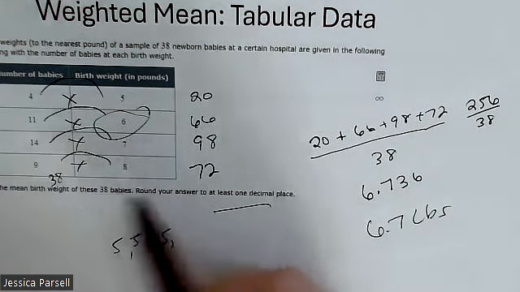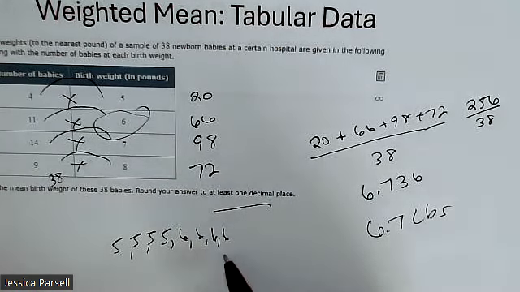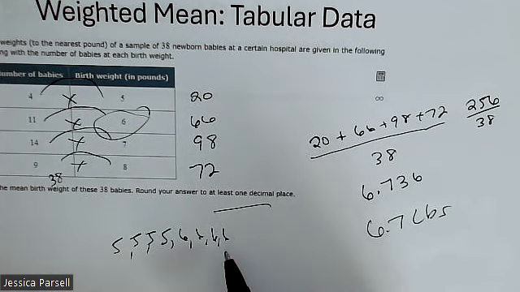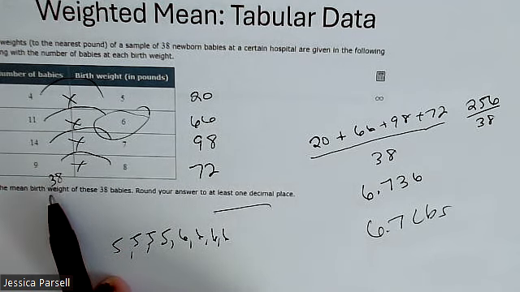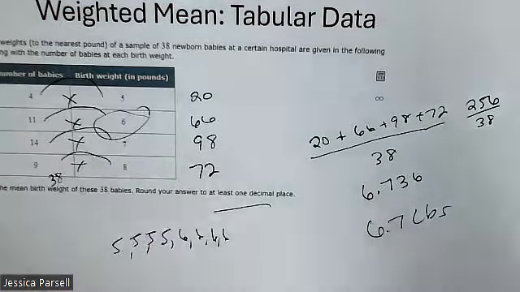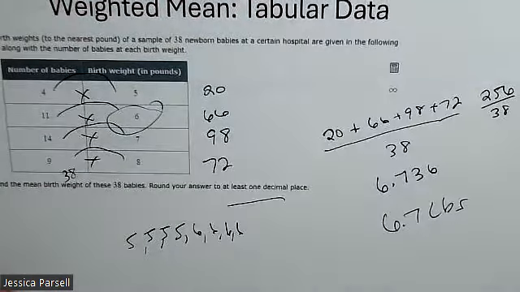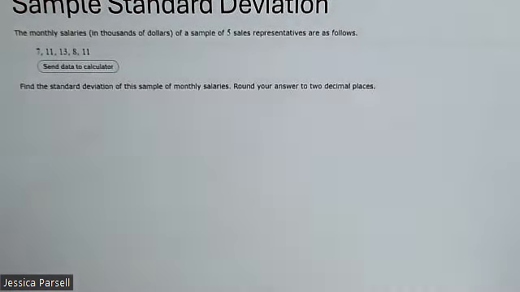You could write out 6 pounds 11 times, you could do this and then add them all up and divide by 38, but that can be time consuming and you might get lost in the sauce writing out 11 6s and 14 7s and 8 9s. So the shortcut way is the way I just showed you, was just to multiply across. But any way you want to skin that cat, totally fine.